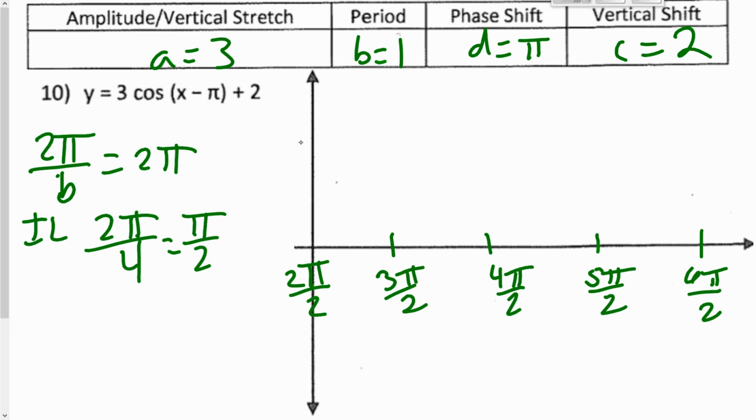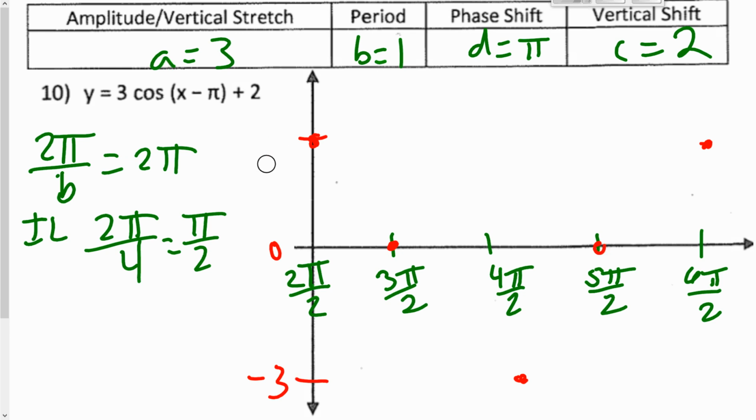So now we take our normal y values, our 1, 0, -1, 0, 1. And then we go ahead and multiply by our a, so now it becomes 3, 0, and -3. So 3, 0, -3, and then we add our c, which is 2.